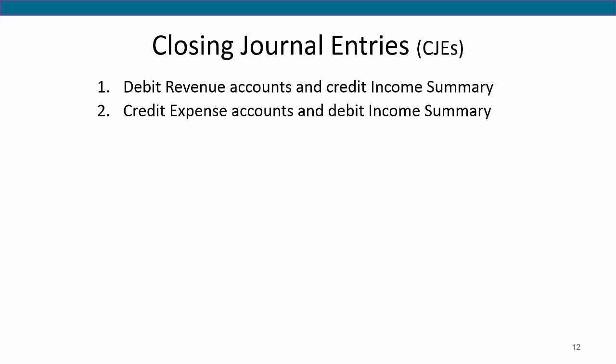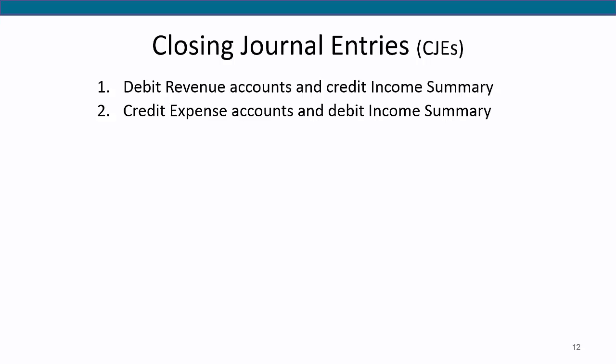Secondly, second entry, close debit balances in the expense accounts to income summary by crediting them and debiting the income summary. We bring expense account debit balance to 0 by crediting them. With a balance of 0, revenues and expense accounts are ready to accumulate a record of expenses for the next period.